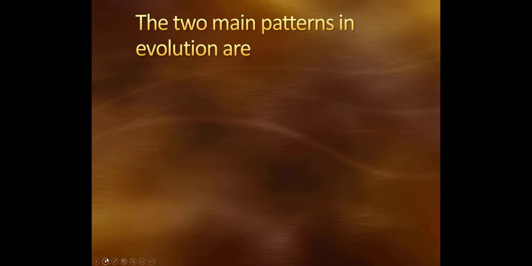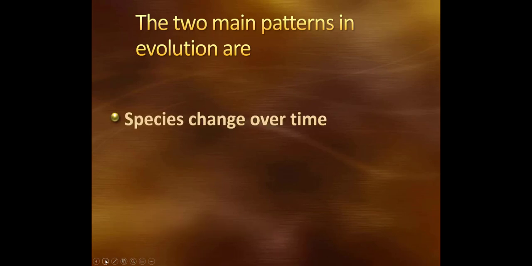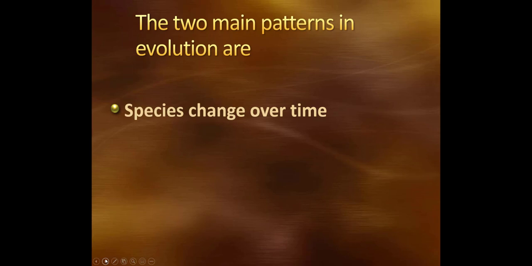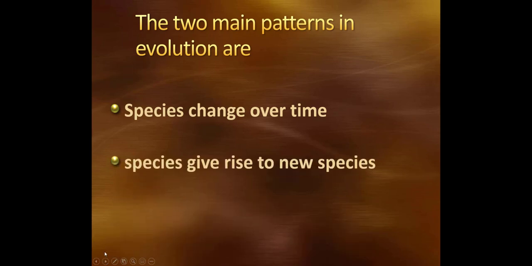So the two main patterns that we will see. Now, there's a lot that fall within this, but the two main patterns we see are that species change over time and species give rise to new species. One of the things I think it's important to think about here is why they would have picked these as the patterns. Remember, one of the things they're also trying to establish is evolution as a fact.